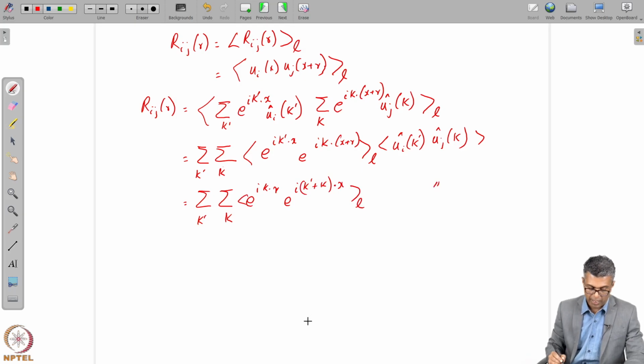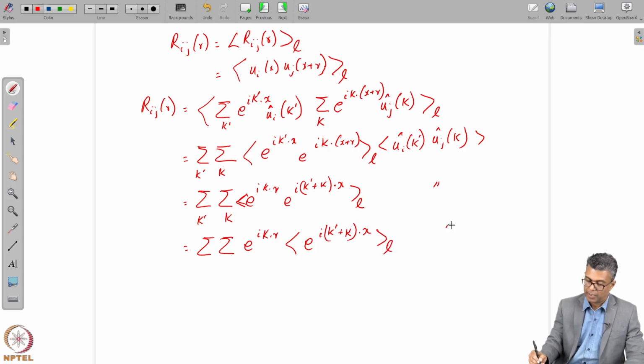I'm not changing anything. Since the volume average is independent of r, I have the summation over kappa prime and kappa of e to the i kappa dot r, times the volume average of e to the i (kappa prime plus kappa) dot x, and then the rest of the terms as such.